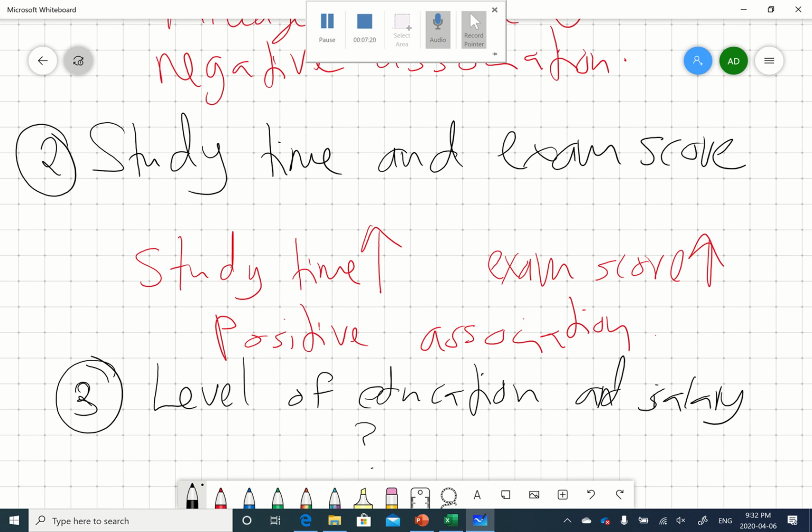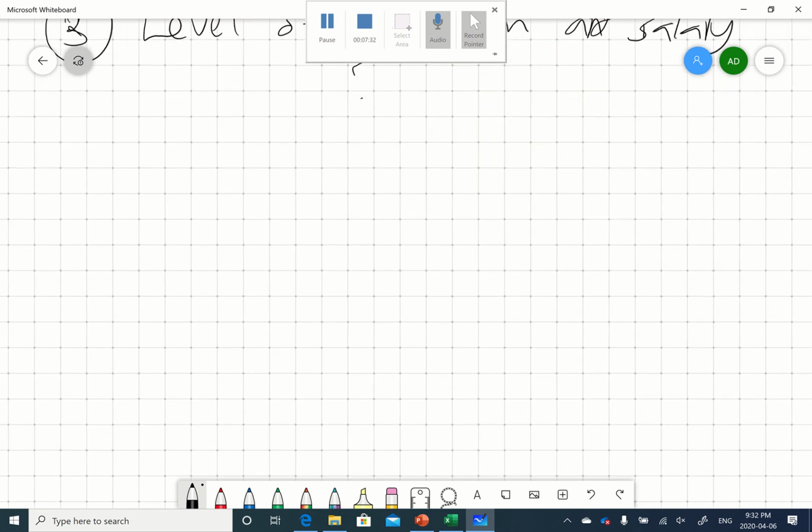You can't just say that. You have to provide evidence, right? So how do we numerically provide that evidence? It is through these methods, linear regression and correlation.